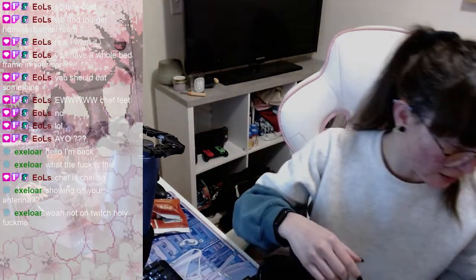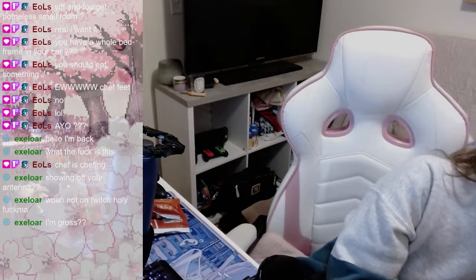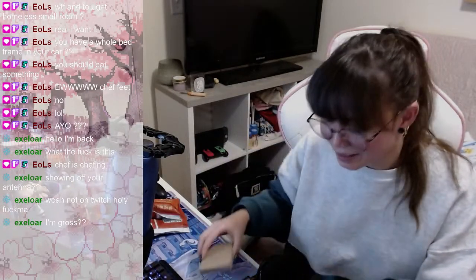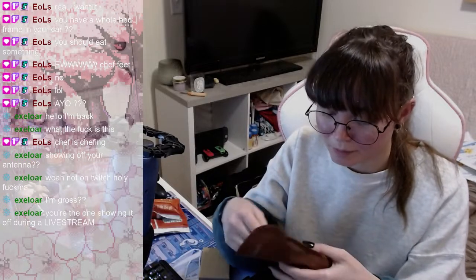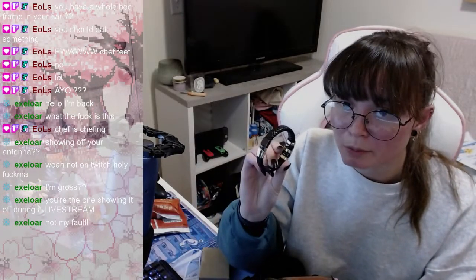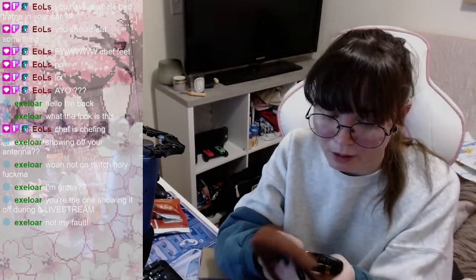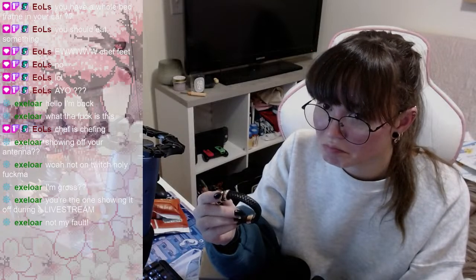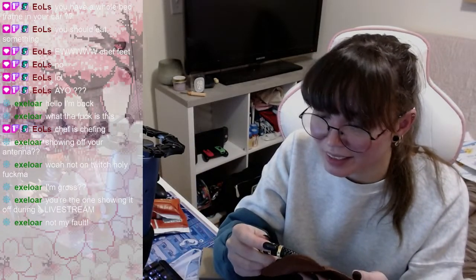Cute. Goodness. I also got. I already wrapped this one, but I haven't decided how I'm gonna wrap this one. This is the bracelet. I'm hoping it's big enough for him. I think it will be. You're the one showing it off during a live stream.